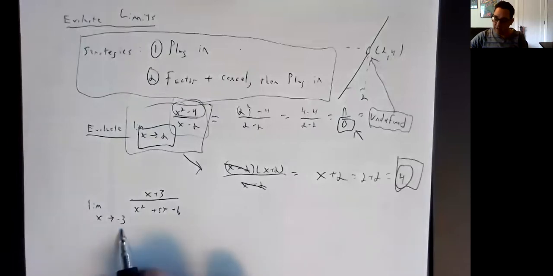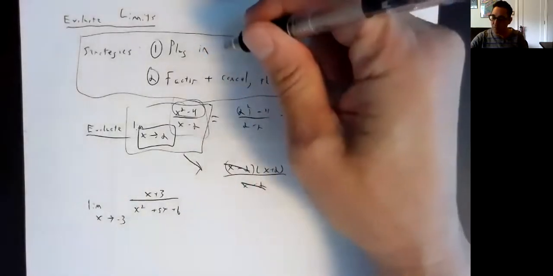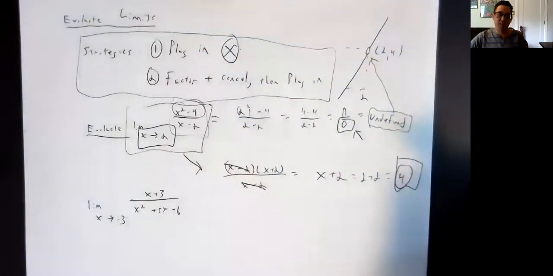If we plug it in, we get 0 on the top, which is fine. What I can't do is get 0 on the bottom. If I plug -3 in the bottom, I get 9 minus 15 plus 6, and that will turn out to be a 0 on the bottom. So that means option 1 doesn't work in this case.